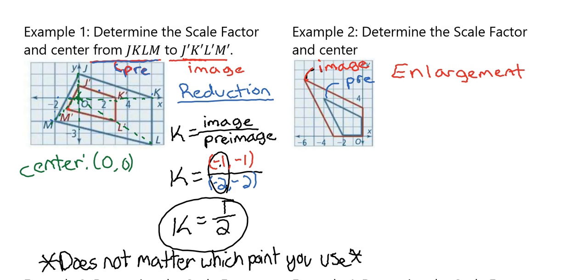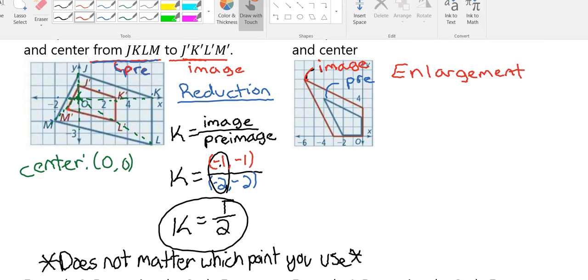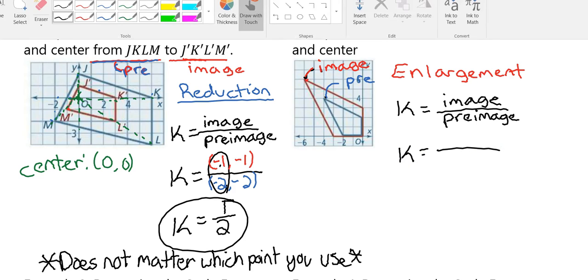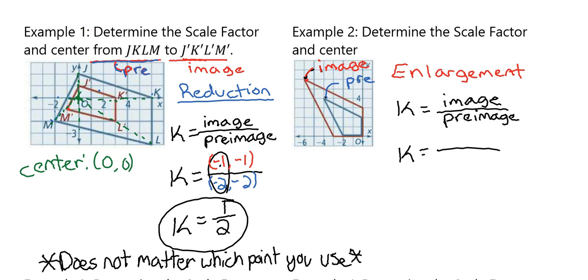Okay. So usually I will say from this to this. Sorry that example 2 does not have that. But we're going to say this is an enlargement. So I'm going to find my scale factor, again, equals image over pre-image. I'm going to choose these points. In my image, the red one, my point is -6, 6.